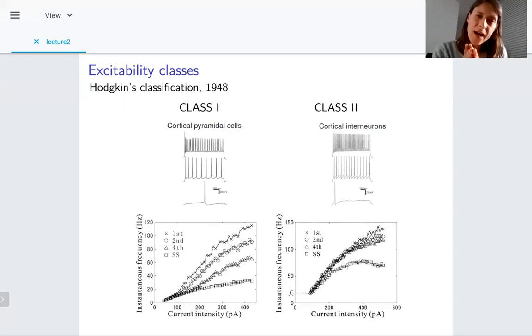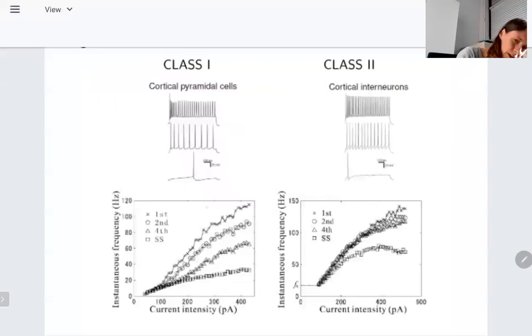And he identified two types of different responses in the cell membranes that he classified as class 1 and class 2. For class 1, he observed that as he was injecting these steady currents, at the beginning he only had the action potential and then going back to the resting state, as you can see here.